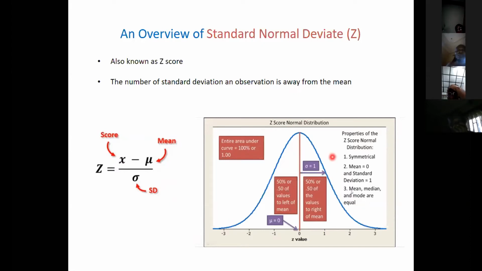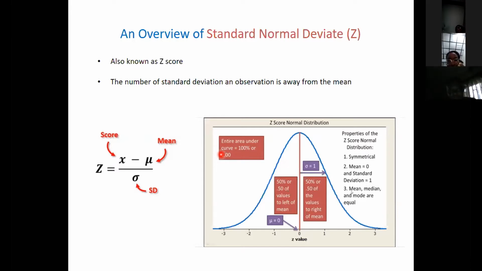What is a ratio? A ratio is something that when you divide two variables of the same unit, the unit will cancel out. It has no unit. Z-score is a ratio. You cannot say 2 kilograms. No. 2 meters. No. Z-score is a ratio.